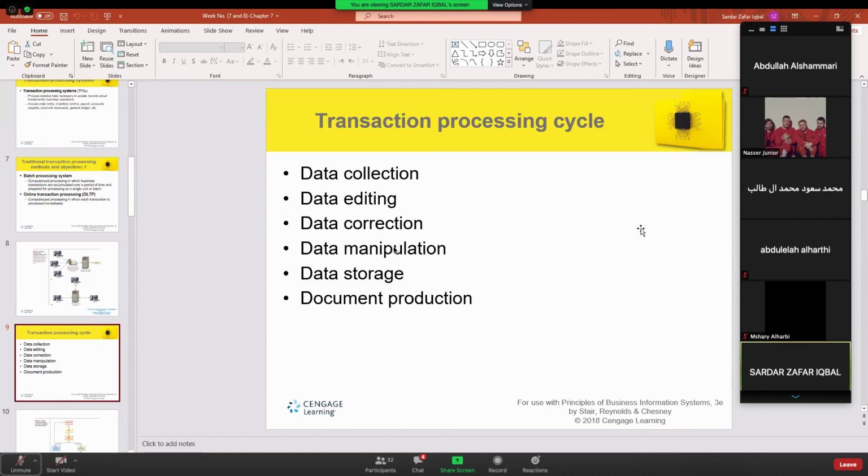So let's talk about data collection. There are different ways. Can you tell me how the data is collected in Extra? From the customer? Yes, very good. From the customer, how do they get the data?